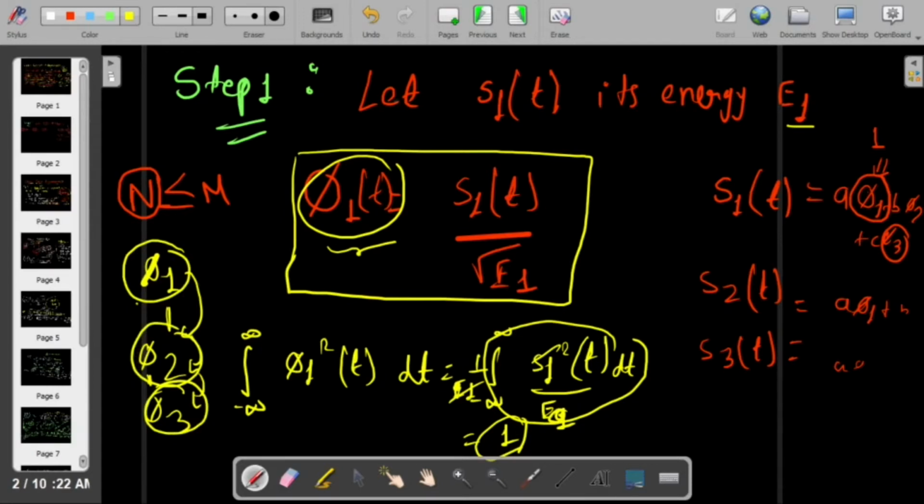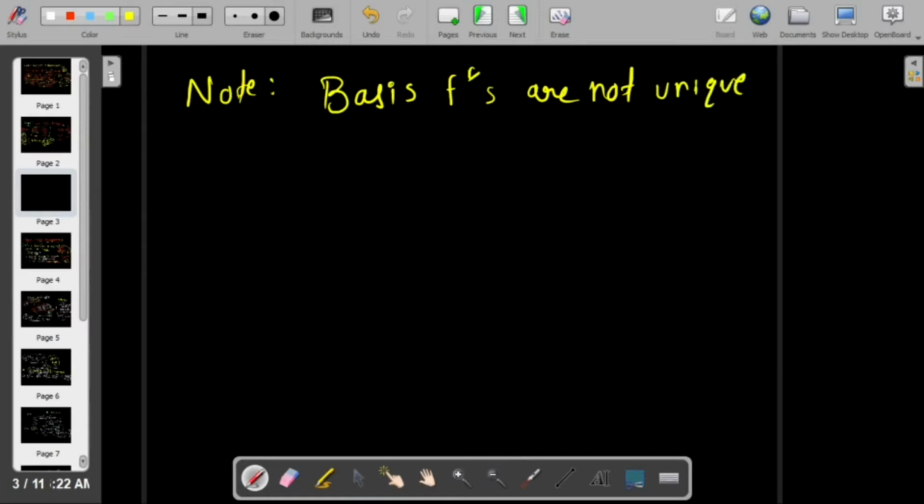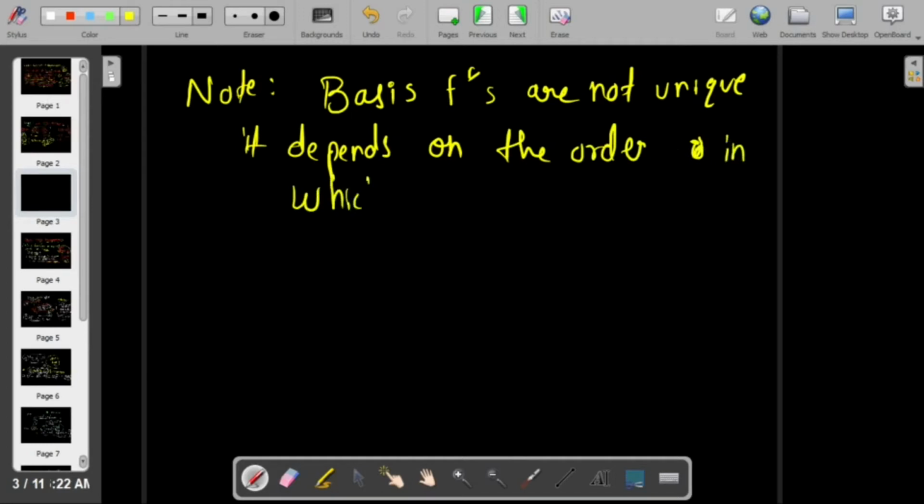Now I am just writing a quick note. This is not needed right now, but I am writing that basis functions are not unique, and it depends on the order in which orthogonalization is performed.